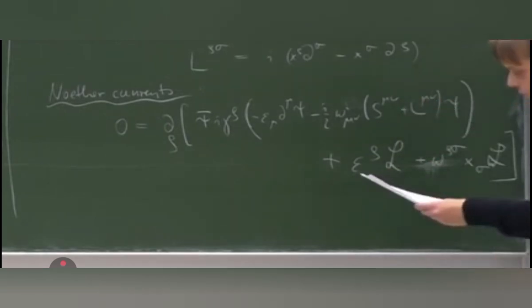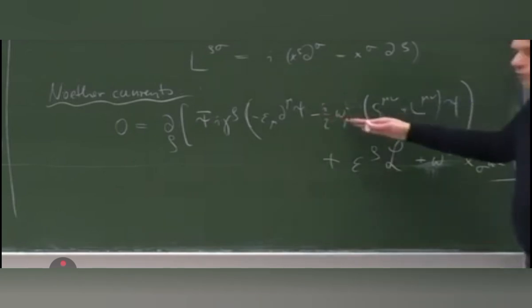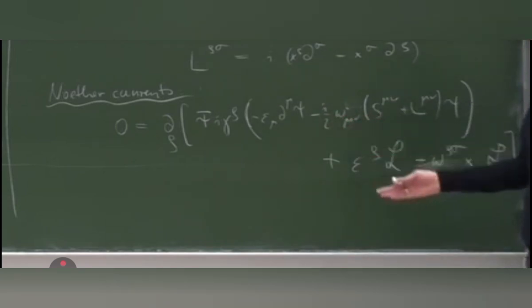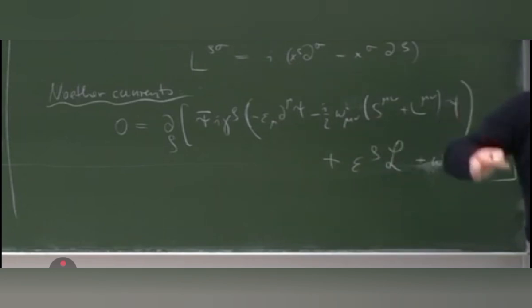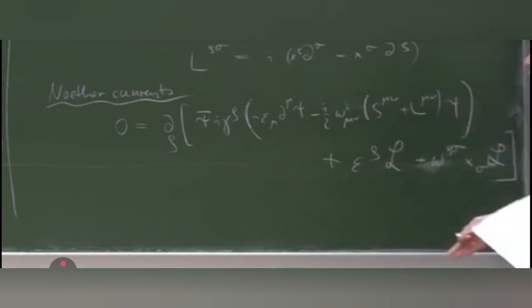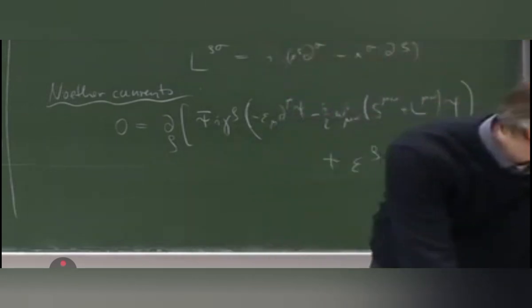And now we can read off coefficients in front of epsilon and in front of omega to obtain concrete conserved currents which either correspond to translational invariance or to Lorentz invariance. And then this will be the last thing we do.